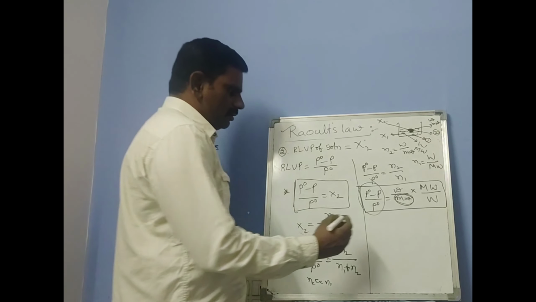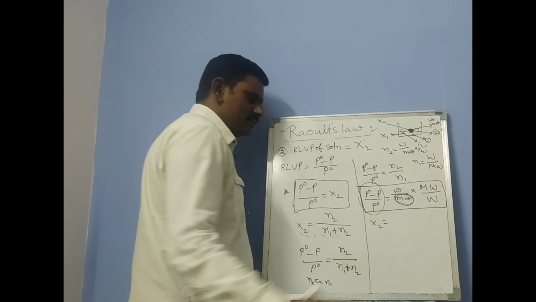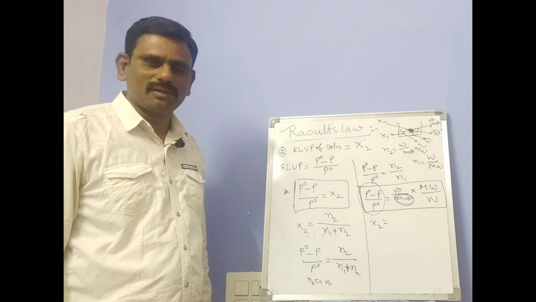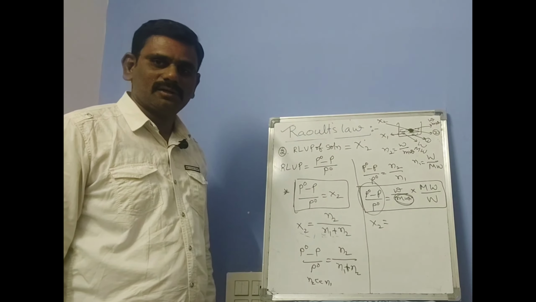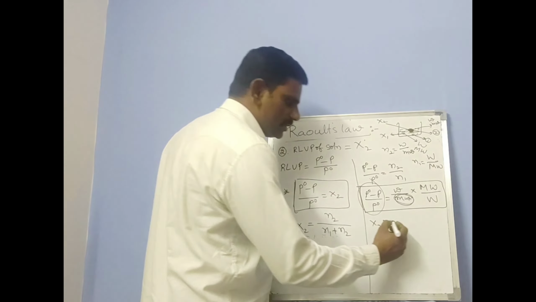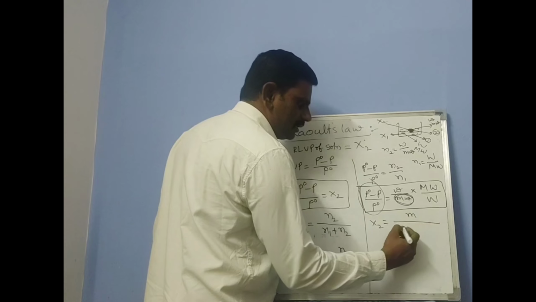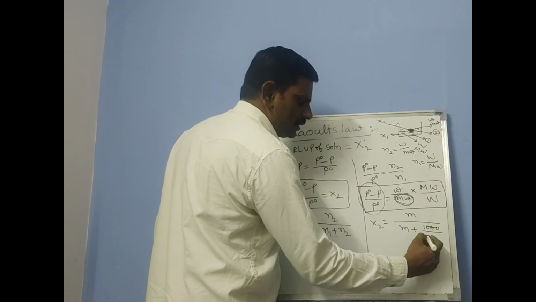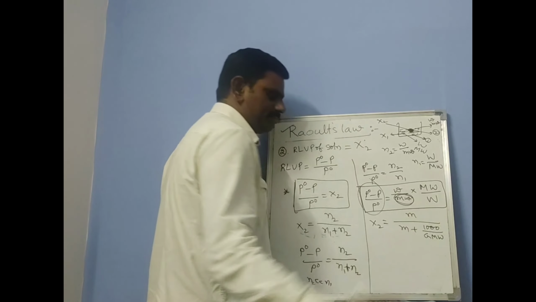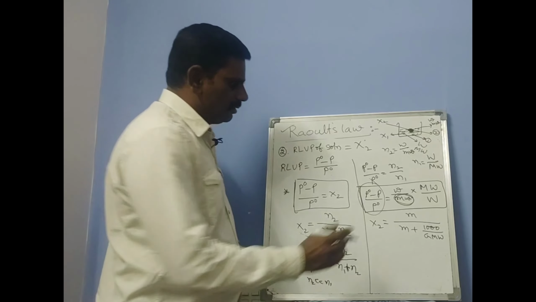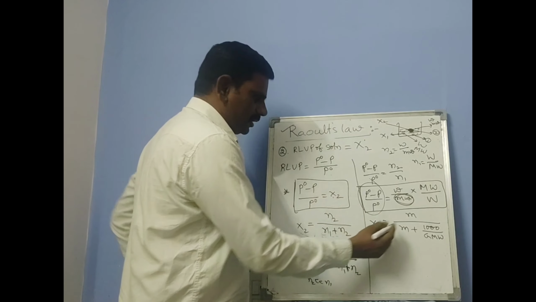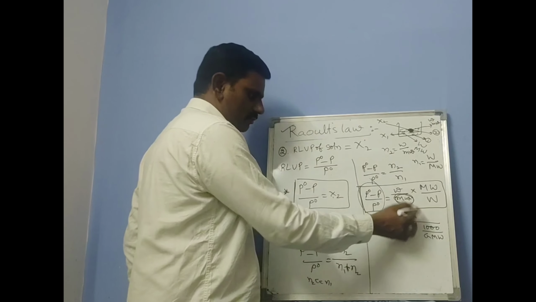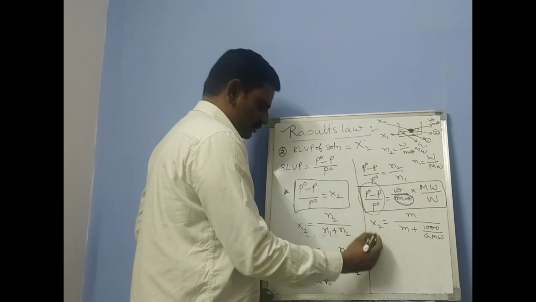And see, we have a relation from molality and mole fraction. Mole fraction of solute is equal to molality of solution by molality plus 1000 by gram molecular weight of solvent. I substitute the x2 relation here.